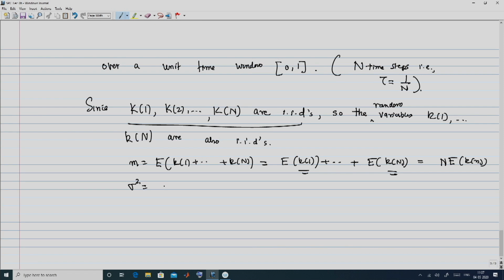Similarly, sigma square is what? It is basically variance of k1 plus all the way to kn, and this is going to be nothing but n times variance of kn, since these are independent, so the covariance terms will not show up.